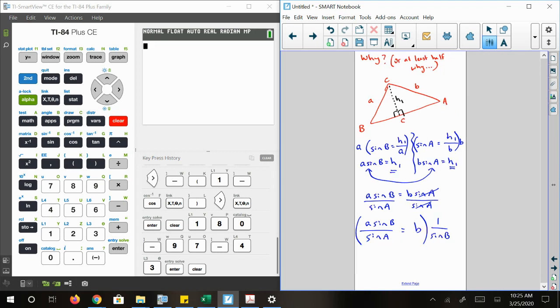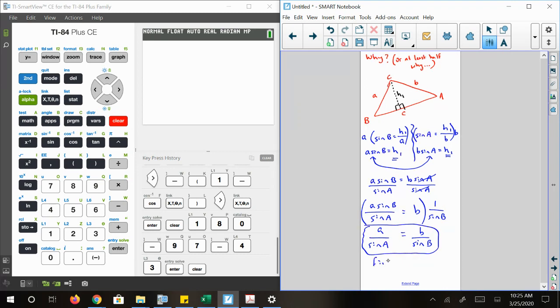And then on this side, I'm just left with b over sine of b. Okay, so this is now gone, so I'm left with a divided by sine of a equals b divided by the sine of b.